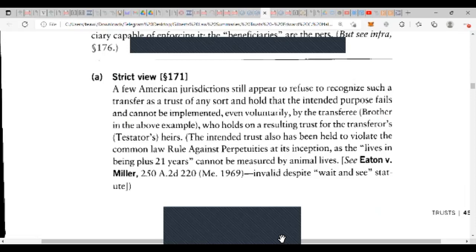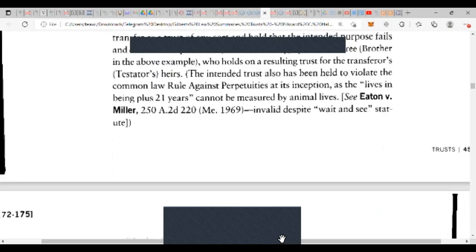The intended trust also has been held to violate the common law rule against perpetuities at its inception, as the lives in being plus 21 years cannot be measured by animals' lives. See Eaton versus Miller, 1969. Invalid despite wait and see statute.